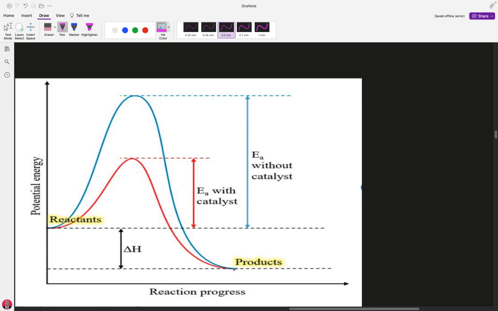So you now see that a catalyzed reaction has a lower activation energy. So we can conclude that a reaction where a catalyst is added lowers the activation energy for the reaction.